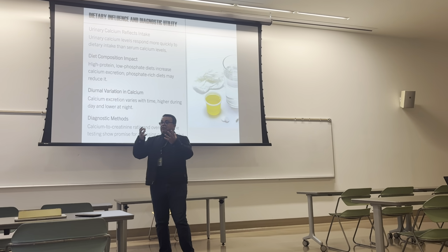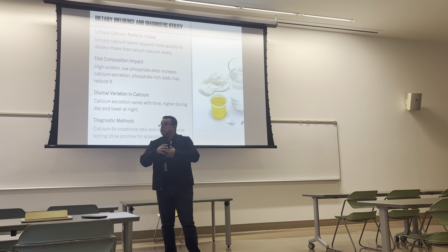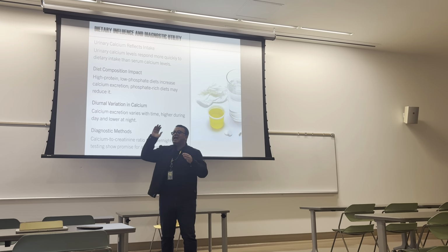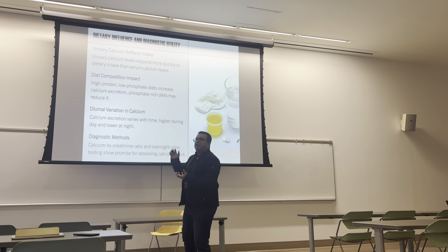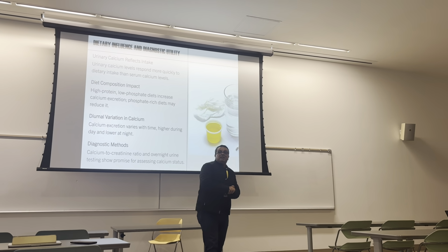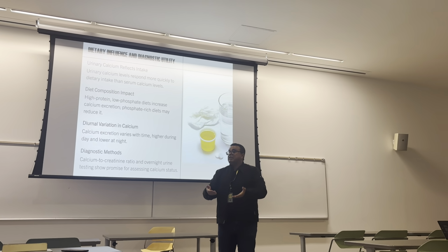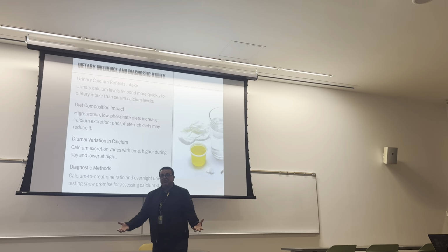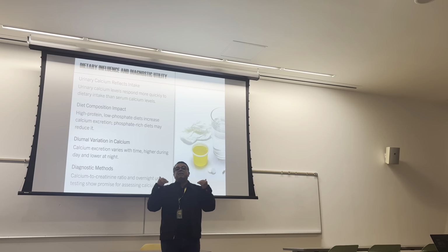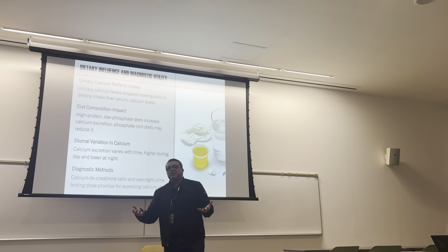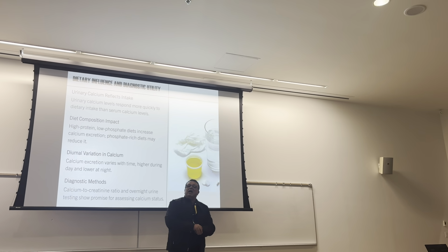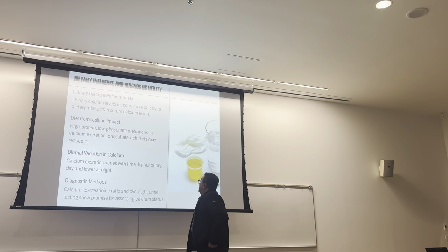If the level of phosphate in the food is high, it will mediate and reduce the escape of the calcium in the urine. And the opposite is correct: when I have a higher amount of protein and a lower amount of phosphorus, this will not help in salvaging or putting the calcium back in the blood.